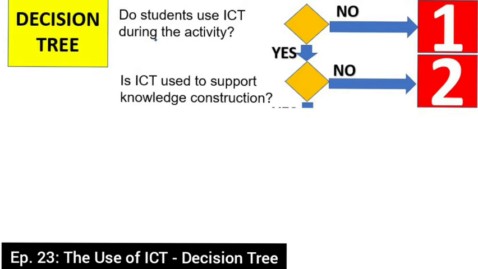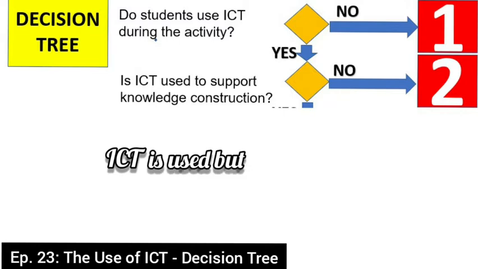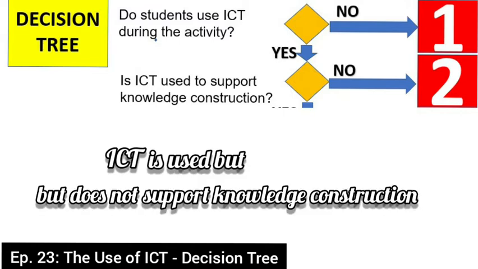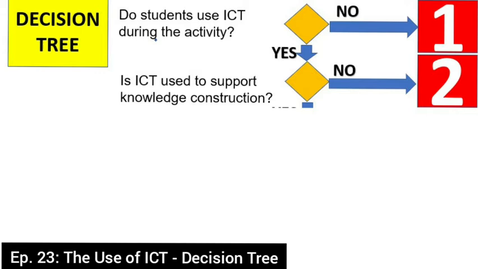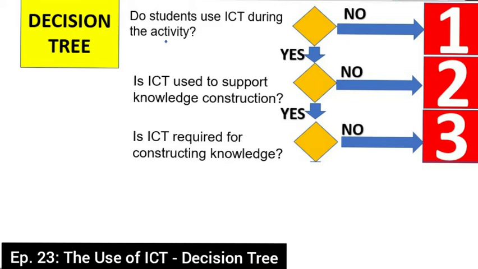If it does not support knowledge construction, we call the activity 2, right? So for instance, in the classroom or at home, the child is using a particular tool to learn, okay? And yes, he's probably using PowerPoint to work on a particular project you gave him, but he isn't constructing new knowledge with the tool you have given him. Then of course that activity is coded 2.